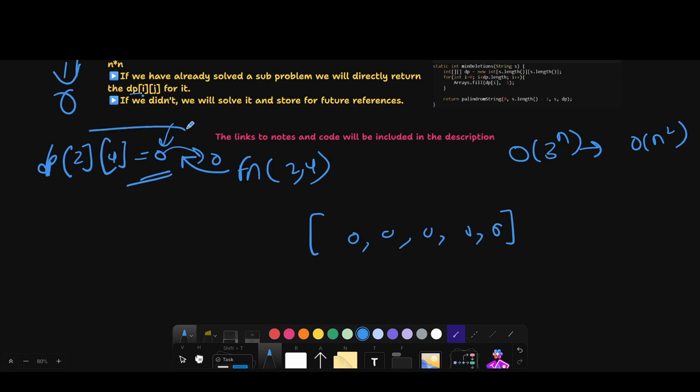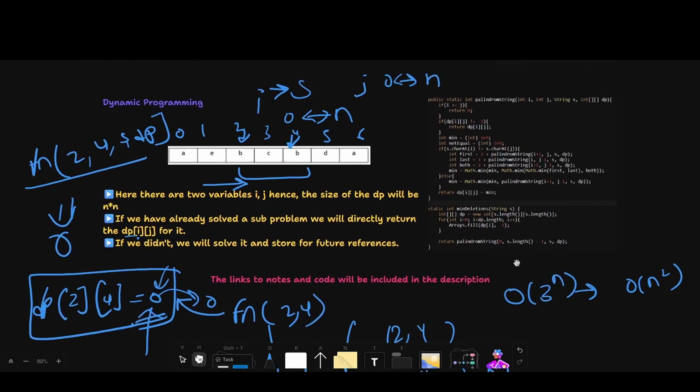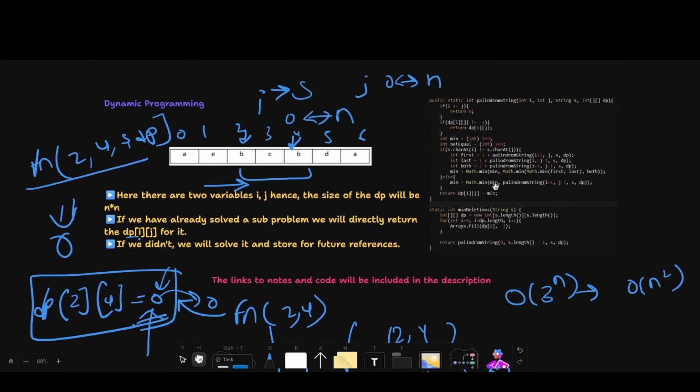For this particular test case, the answer is 0, but it's already initialized with 0. So whenever this function is called, it will check whether we have solved this particular case 2 comma 4. It will say yes we have, but we did not. So for that case we initialize the array with -1. We'll check if the dp of i j is not equal to -1.